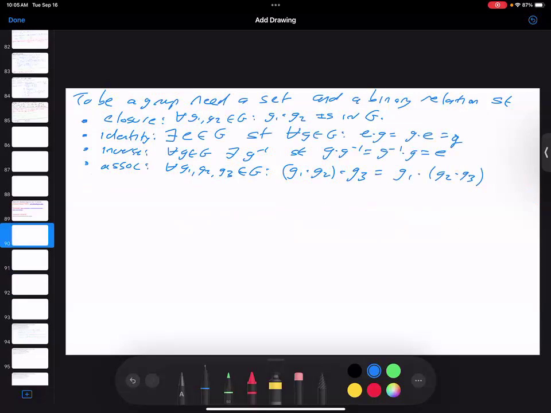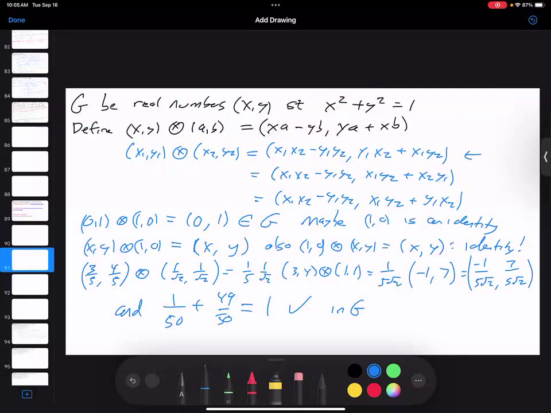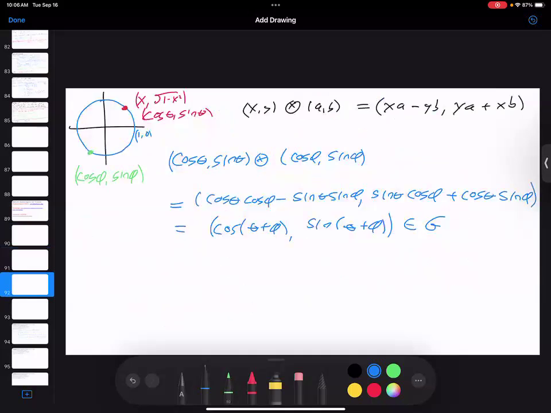Associativity is basically just roll up your sleeves and do the calculation. Does anybody have a thought of what the inverse might be? When we combined two elements, it looked like we added their angles. So what might you guess?